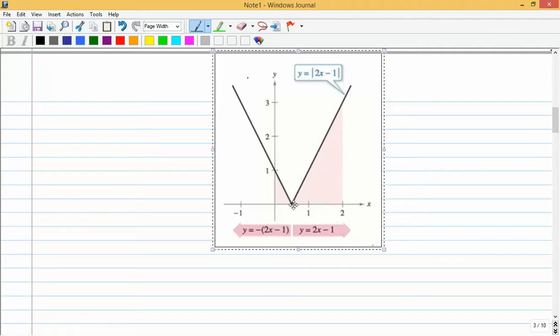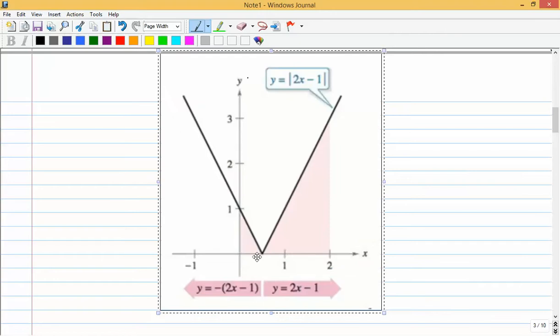And without the absolute value bars, you could get negative y answers. So you would just keep extending this line down and it would go down to the left forever. But the absolute value bars say that no matter what you plug in, you can't get out a negative answer, okay? So that's why the graph bounces back up.